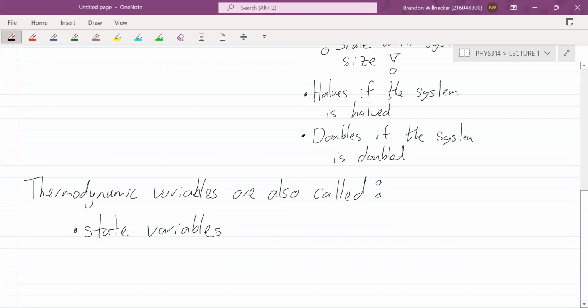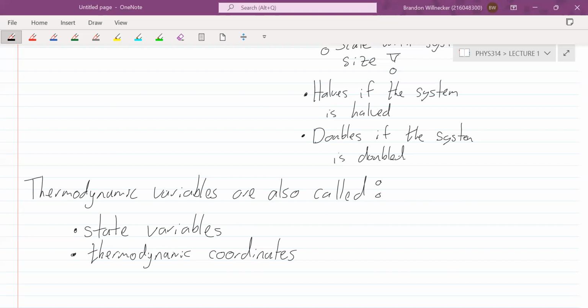Okay, we will see why that makes a bit of sense later on. And they can also be called thermodynamic coordinates. Okay, we will see that later on as well.